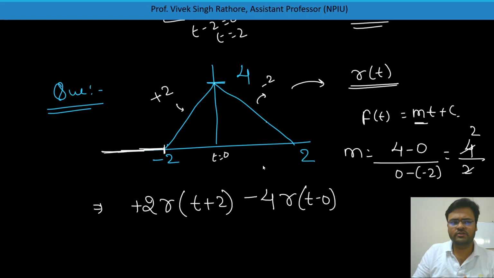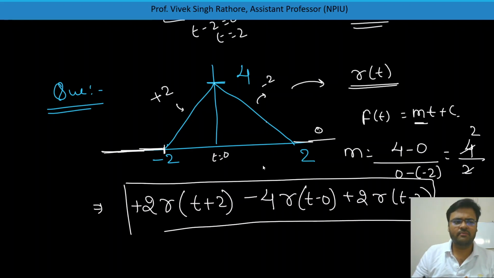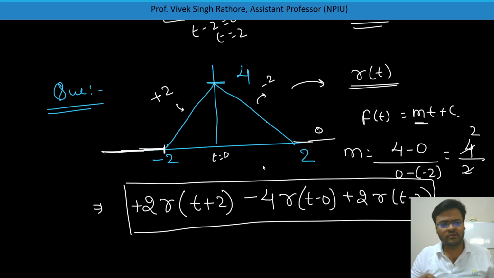How much slope change? Final slope is 0, initial slope is -2, so 0 minus (-2) means plus 2. So 2r(t - 2). So the triangular pulse can be represented as a sum of some ramp signals.